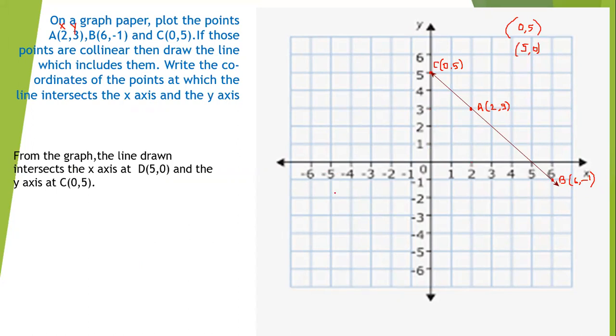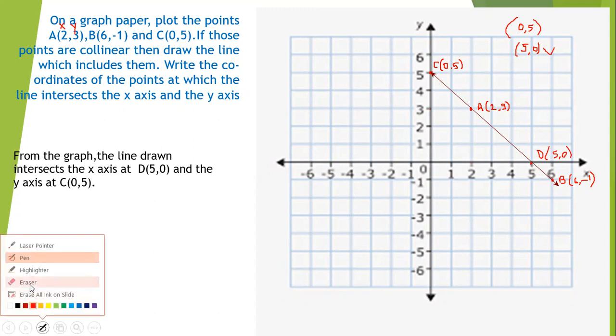From the graph, the line drawn intersects the x-axis at point D. You can name the point also here, point D. And the coordinates are 5, 0. What we have written over here, right? And the y-axis at C. You can see over here, C. It is 0, 5. So that also you have to write.